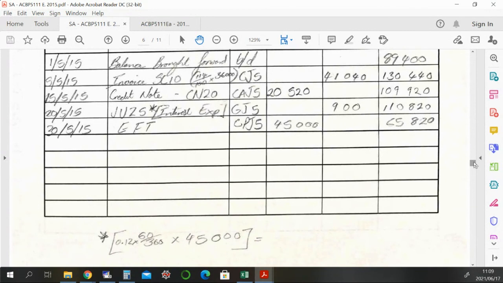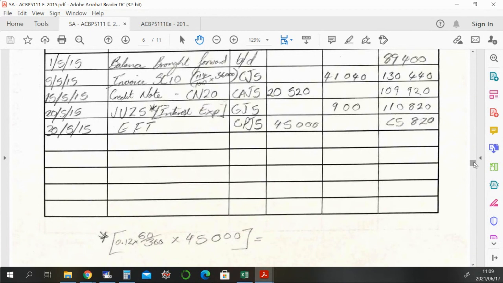If they don't say, you assume 365. Then times the amount that is due. And how much was due? They said 45,000 was overdue. And that's how we calculated our interest, which was 900 rand.